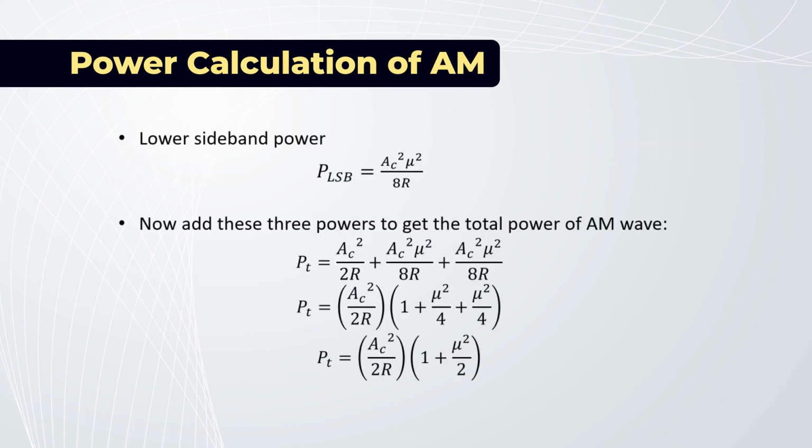Similarly, the lower sideband power will be the same value as that of the upper sideband power, equal to Ac²μ² divided by 8R.